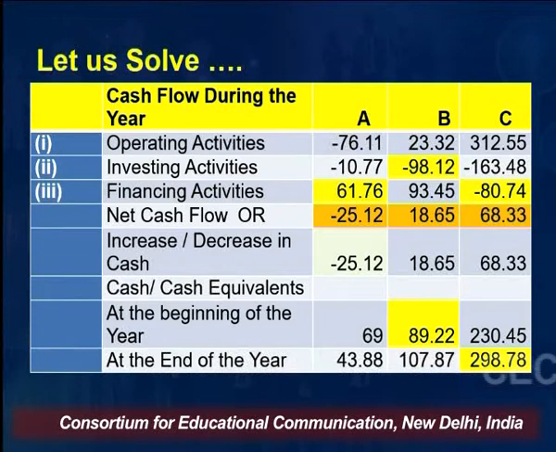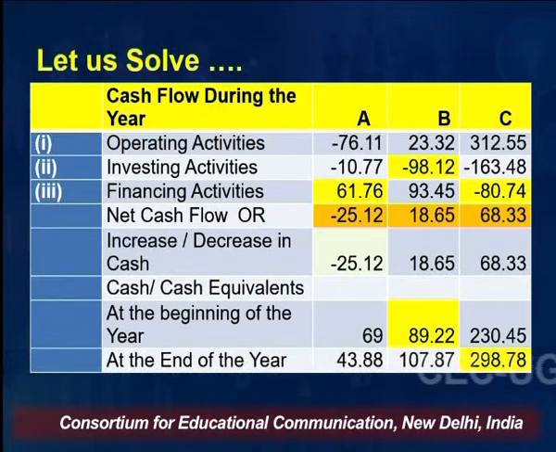So at this very point, I am very sure that there is a decrease in cash out of different activities. So my net cash flow should be negative, because I must have lost some amount of cash. Now what is that amount of cash? That amount of cash which we have lost, or used out of the 3 activities of this company called A, must be the difference between the opening and closing balance of cash and cash equivalents.